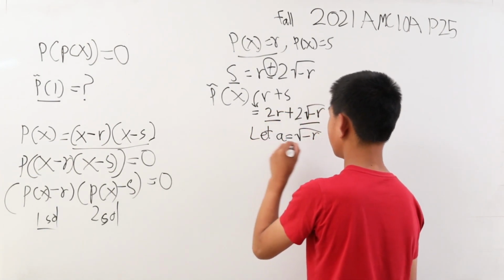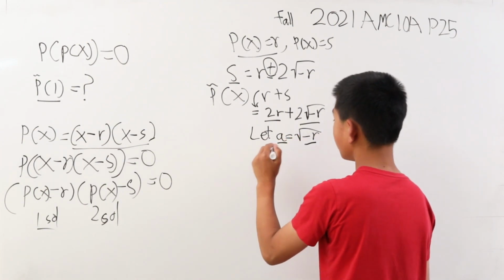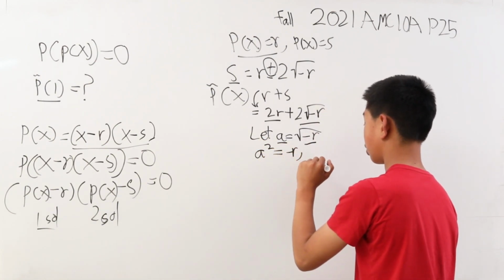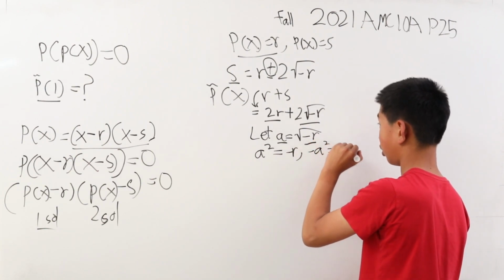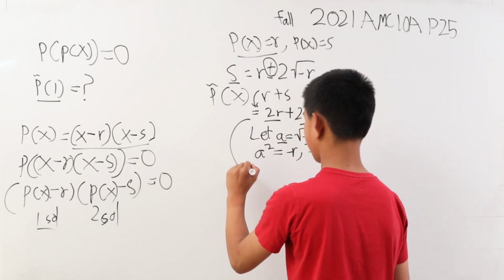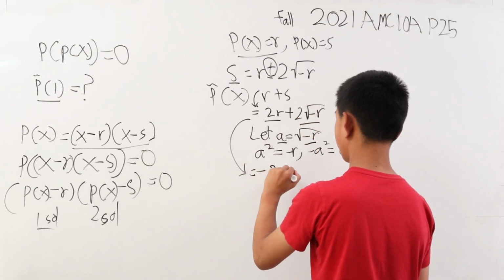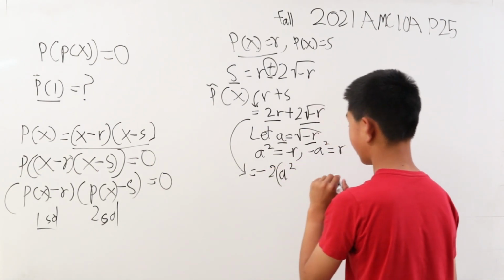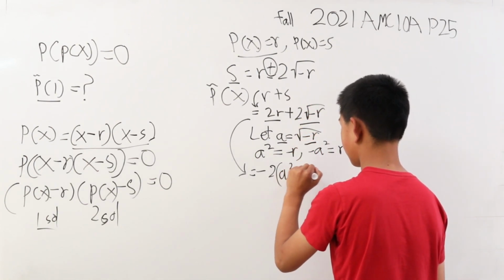Let's just start with the value of r. a is equal to the square root of negative r. This means that a squared is equal to negative r. So that means that negative a squared is equal to r. So we can substitute this value in there. From here, we get that this is equal to negative 2a squared, and we can factor the negative 2 out, and then this is going to be minus a.